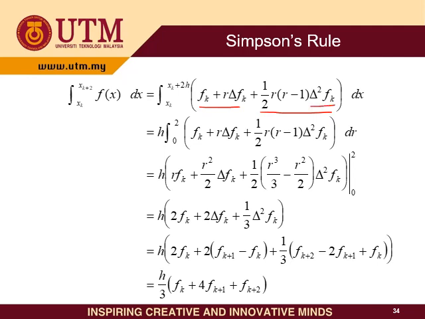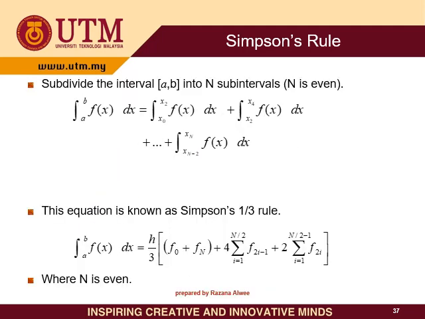What this means is, for Simpson, we must have 3 points to start. x0, x1, x2, okay, with 2 intervals. And it will be added by 2, 2, 2, and 2. So the interval must be even. If you want to calculate in Simpson, the interval must be even. Okay, as I mentioned in the previous slide, the n must be even for Simpson rule.